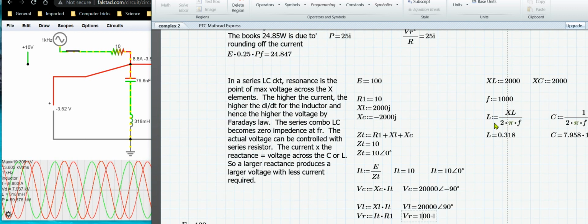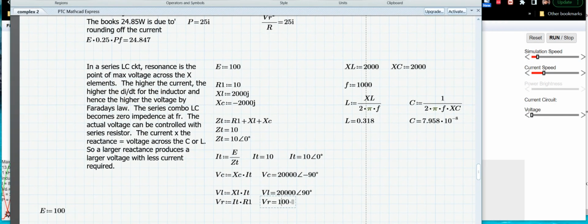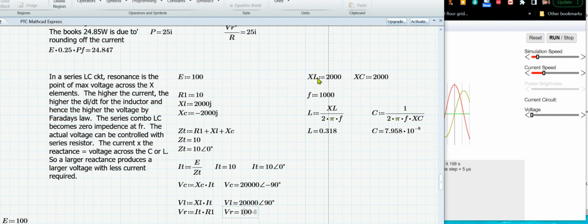Now, of course, if I wanted to simulate it, I needed to know what those values would be. So, I went and did the maths over here. I can actually just use these complex values directly, and it produces the same results, surprisingly enough. It actually drops the complex part of it.